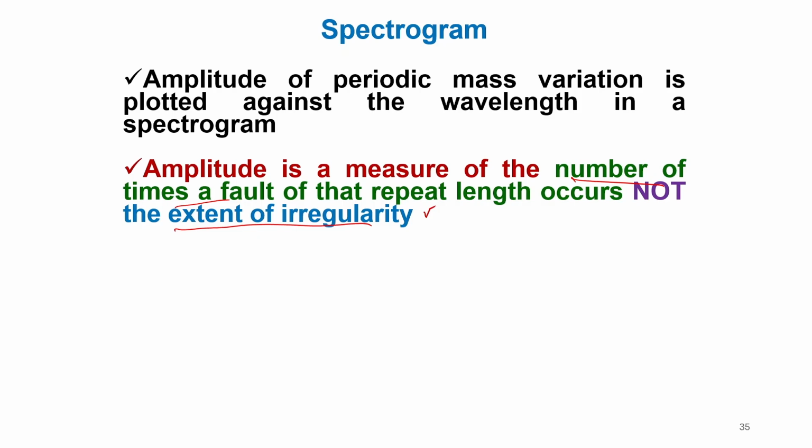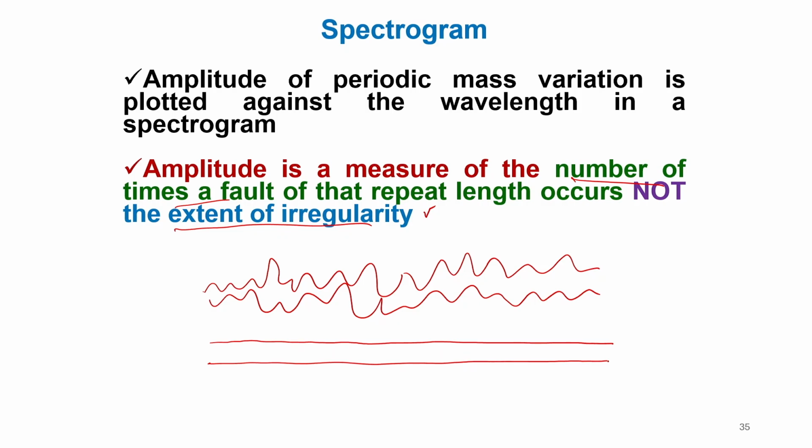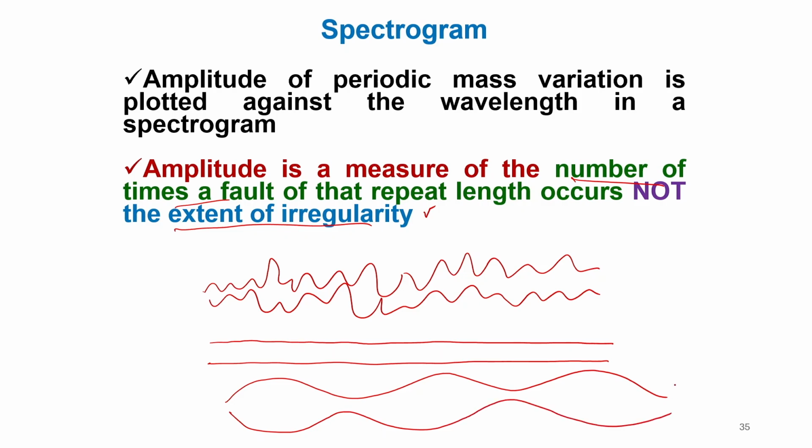Now, let me draw two fibrous assemblies, two slivers suppose. One sliver has a random variation. Another sliver we can have is perfectly even, almost no variation, and a third sliver has a periodic variation.